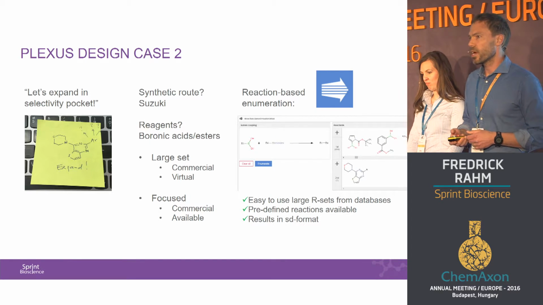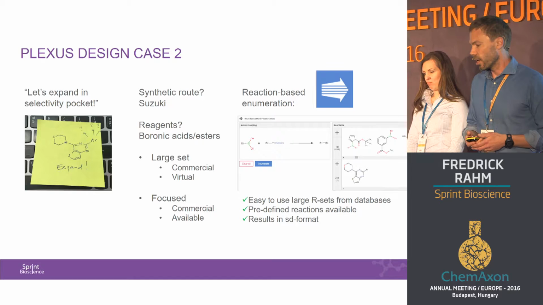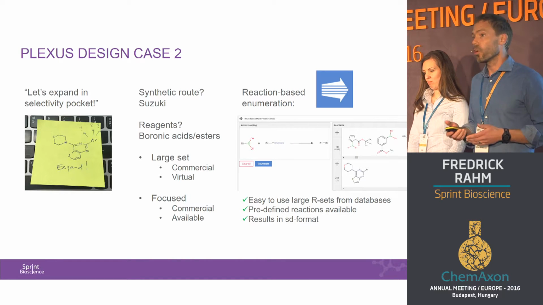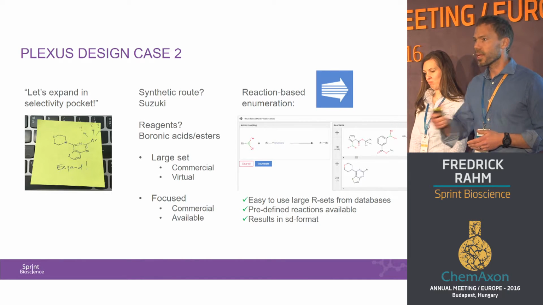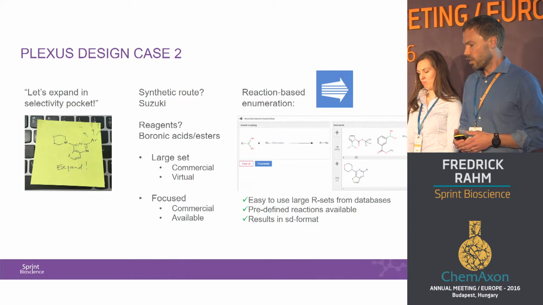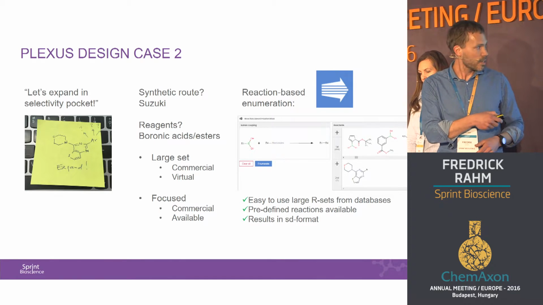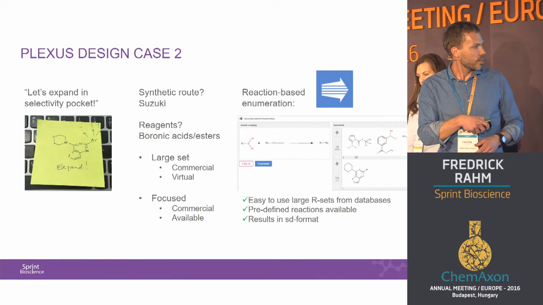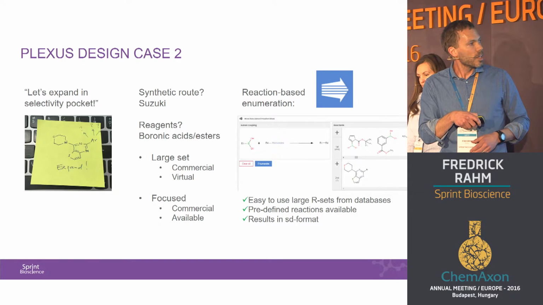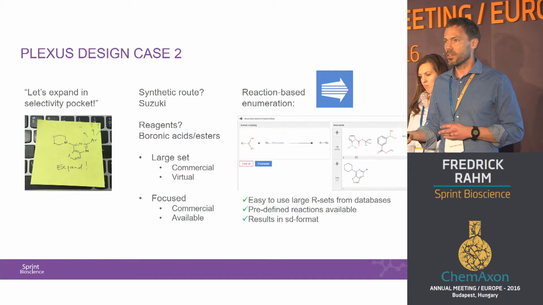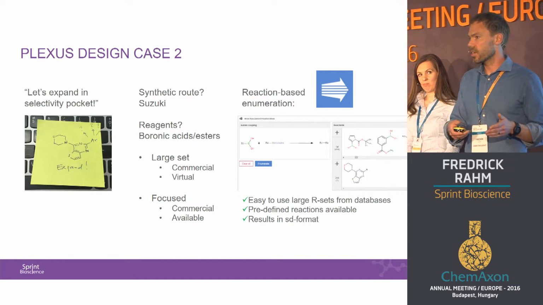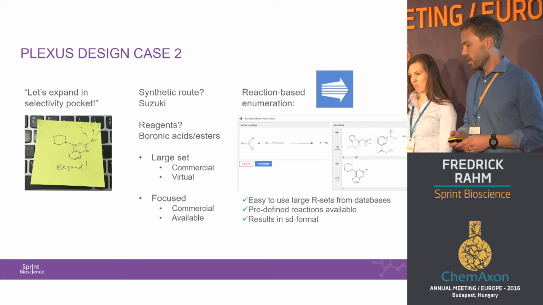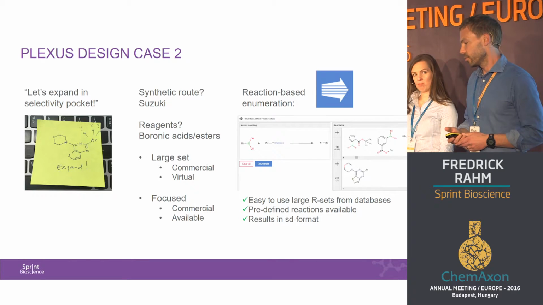So then, reaction-based enumeration. You can draw your reactions yourself, or you go to the library reactions and just plug in Suzuki. You draw your, in this case, the core structure here is actually the R2, and then the boronic acids. You have that in a file. I just go to our reagent database and export the ones that I like, click enumerate, and it's there.